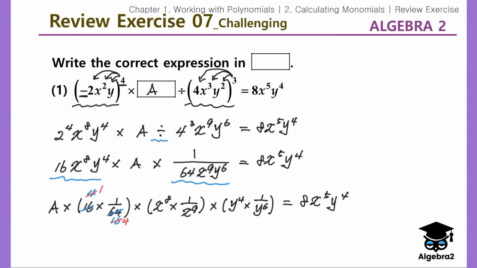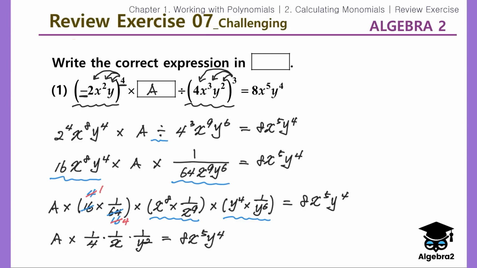So we have a times 1 over 4. And if we simplify this, x to the 8 minus 9, it's 1 over x, right? So times 1 over x. Times, if we simplify this, that's going to be 1 over y squared, right? 1 over y squared. So that is equal to 8x to the 5, y to the 4, right?